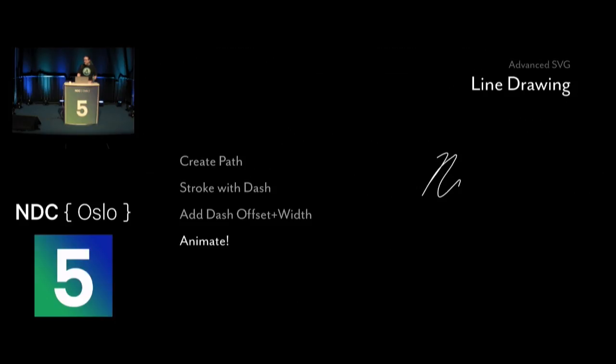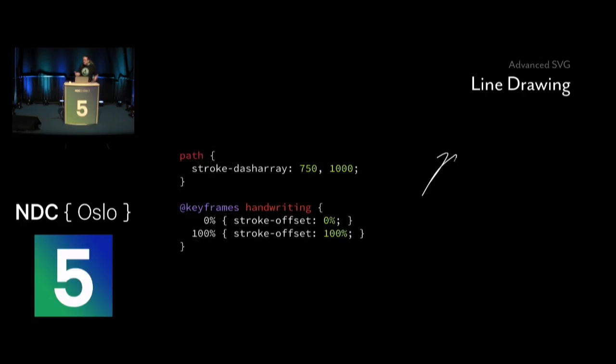And so the last thing we need to do is actually animate it, which fortunately we can do with CSS. So I use some CSS keyframes to accomplish this. You can see the stroke dash array. This took a little bit of tweaking. It's not quite as straightforward as just saying, oh, it's 100 pixels and then 100 pixels of blank.